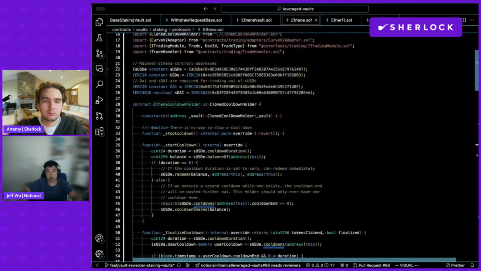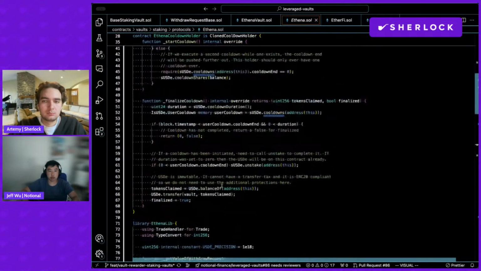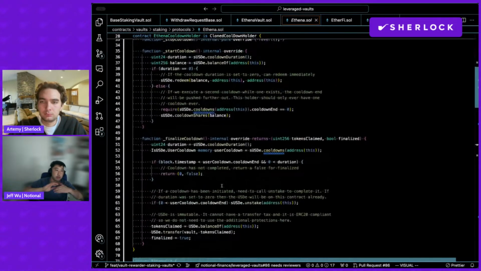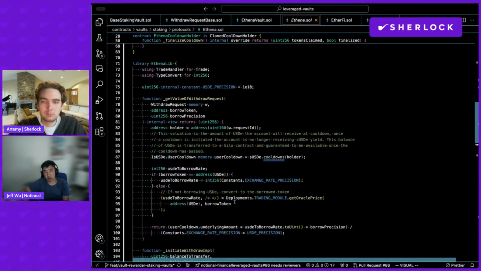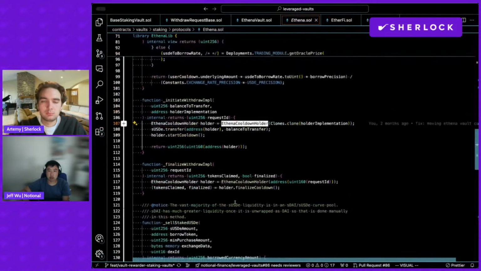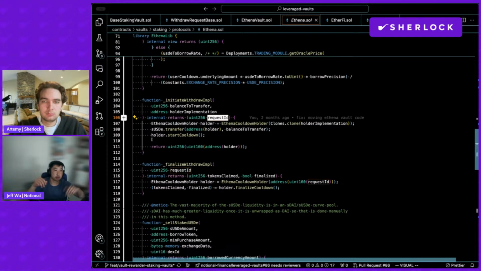This holder contract is defined here. It's going to be a minimal proxy that is just going to hold the SUSDE, initiate a cooldown fully on that address, and wait it out. So the result of this is that you're going to get an address for this new proxy contract that's holding the account's SUSDE and waiting out the cooldown, and that's going to be the request ID, right?